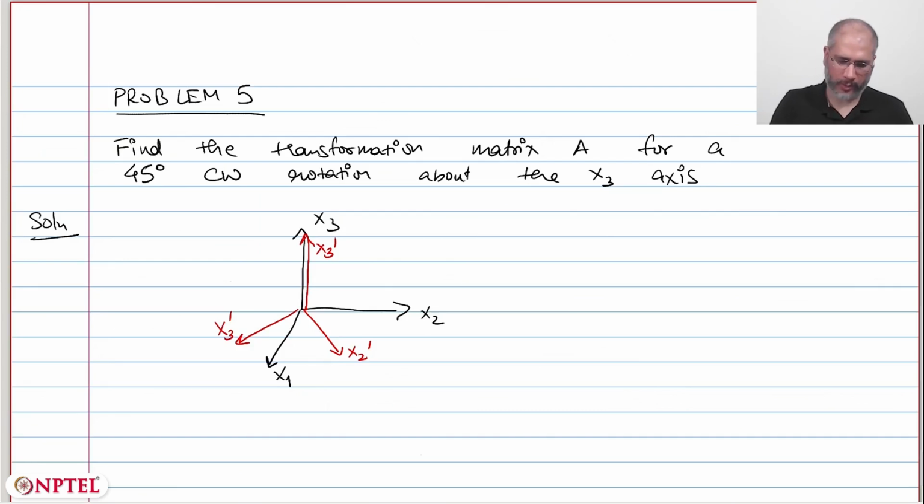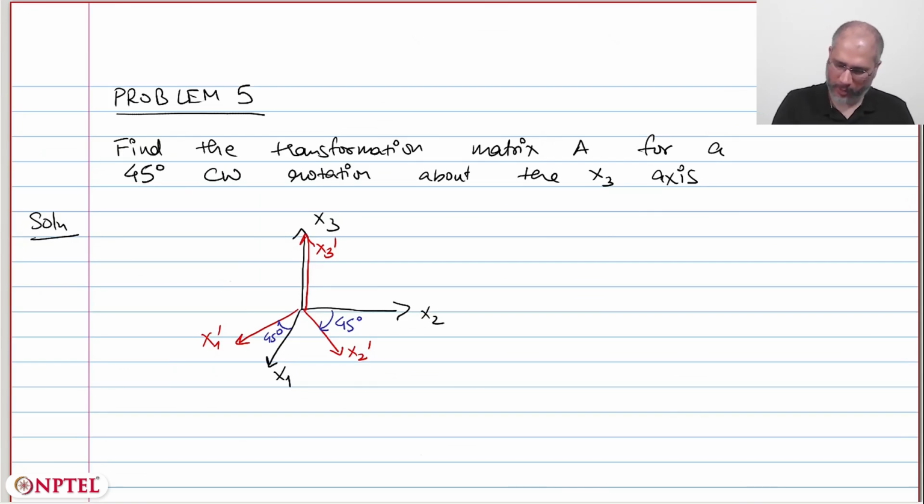Let's write the angles as well. So x3 prime coincides with x3, so there's nothing there. x2 prime rotates 45 degrees and so does x1. Sorry, this is x1 prime. So x1 prime or x1 also rotates by 45 degrees to get x1 prime.